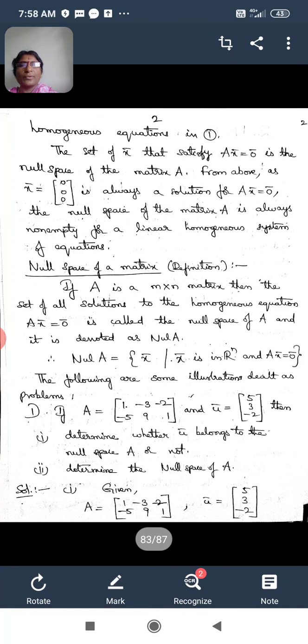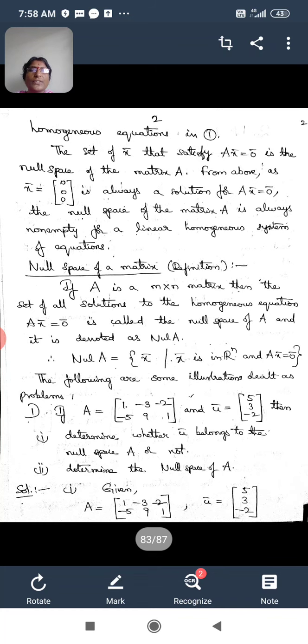We can treat these problems in both ways. They are problems in one way, and if you solve them, you can understand them as examples of the null space of a matrix also. That is how these illustrations are treated as problems now.